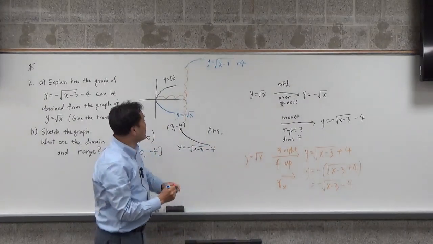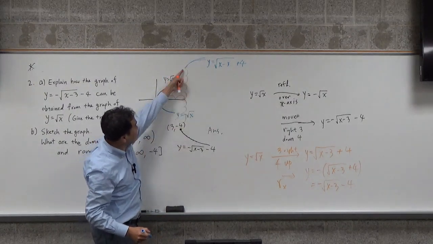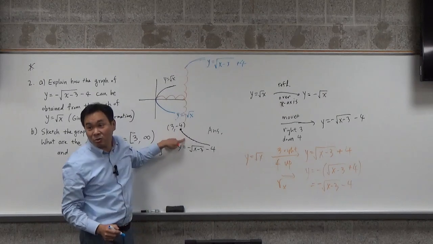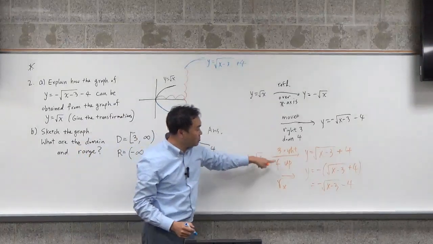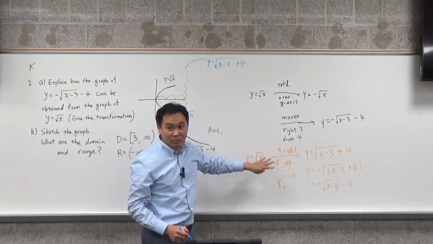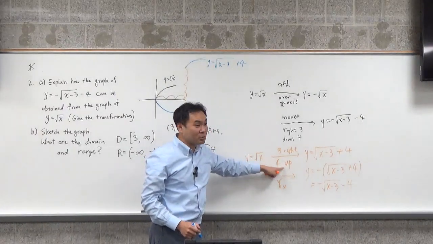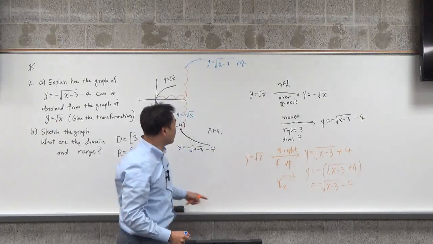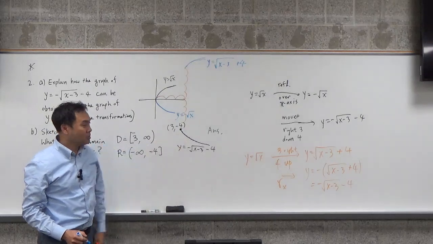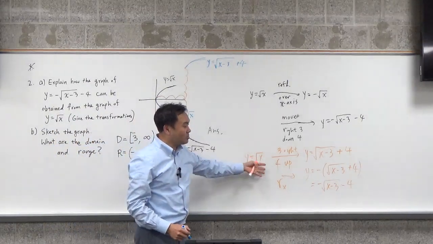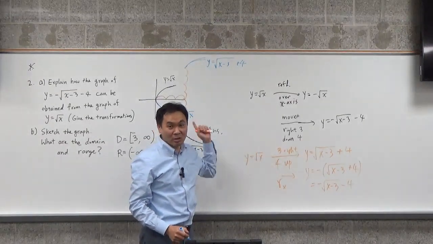Imagine reflecting this over the x-axis. If it goes up there, this will be brought down to here. So you end up with the same answer. Even if the transformation order is different, this gives you the same thing if you change the 4 down to 4 up. I just wanted to point out that although this is harder to think and not advised, if you did it this way correctly, you should get the correct answer.